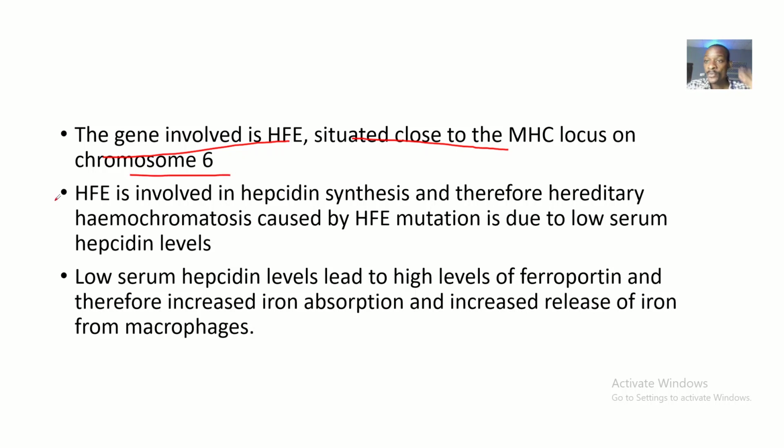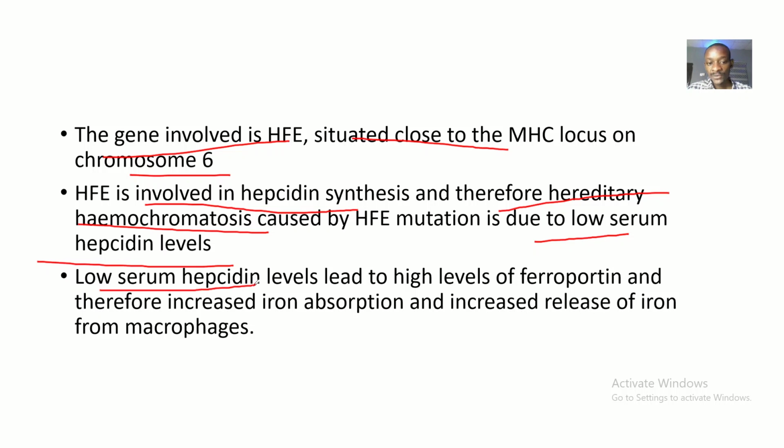This gene is involved in hepcidin synthesis, and therefore hereditary hemochromatosis caused by its mutation is due to low serum levels of hepcidin, because hepcidin is supposed to regulate the absorption of iron. If hepcidin is absent, there will be too much absorption of iron, leading to too much deposition of iron in organs. So that's the timeline of the whole process.